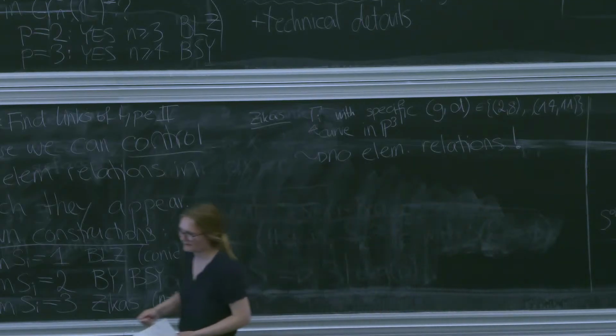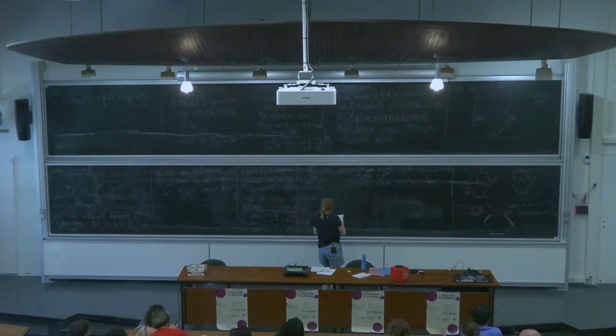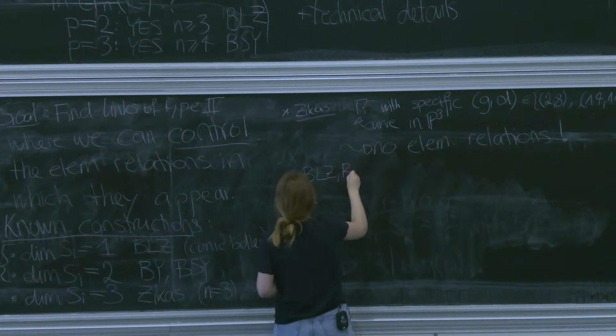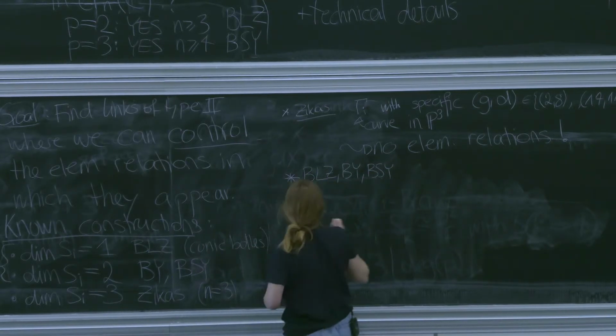Then in the other two cases, dimension 1 and 2 of the generic fibers, BLZ, BY, BSY, the generic fiber has dimension 1 or 2.